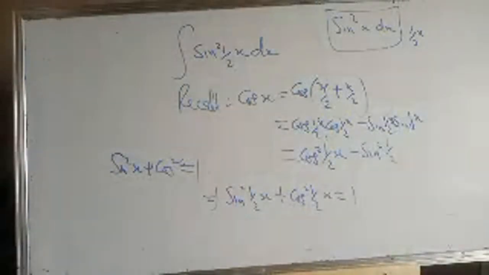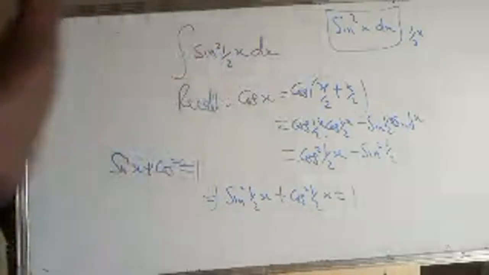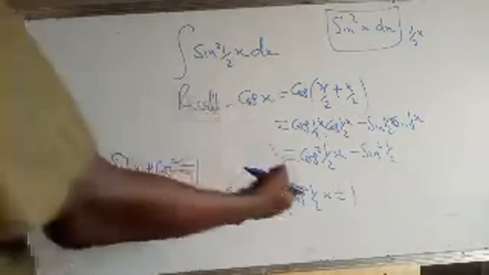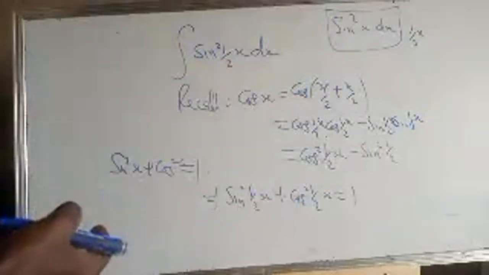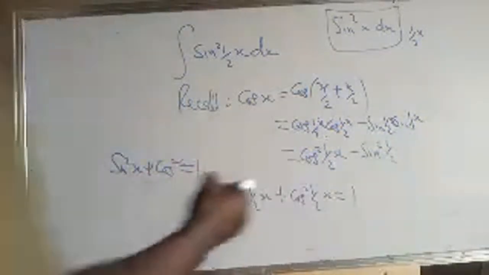Don't forget, our target is to get the integral of sine square half x. So we need to remove cos square half x here. Let's make cos square half x the subject of the formula. So we have cos square half x equal to 1 minus sine square half x.